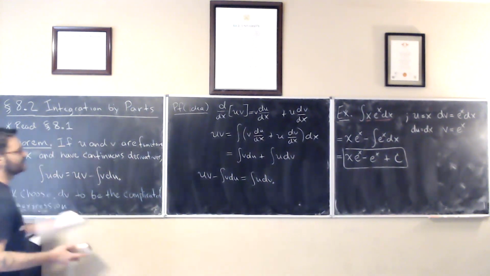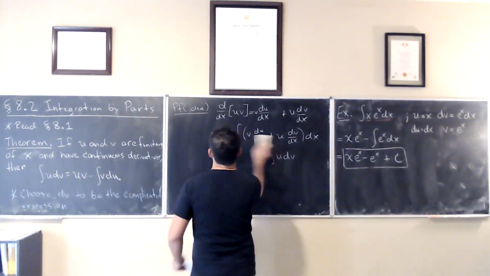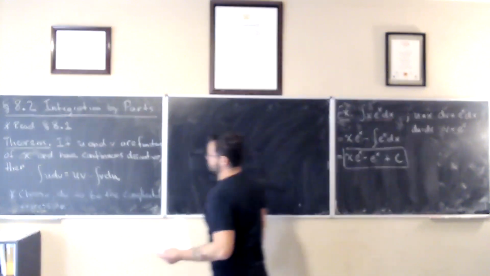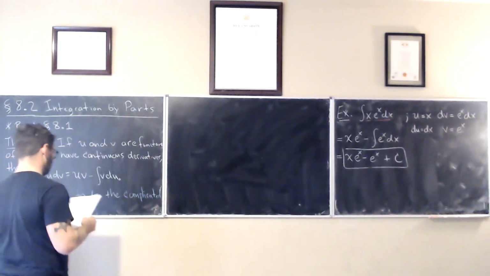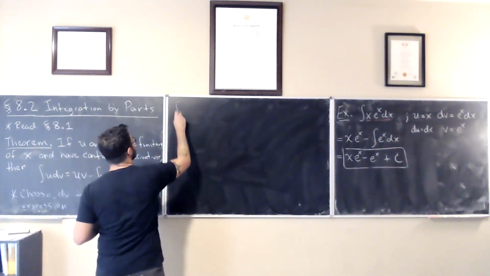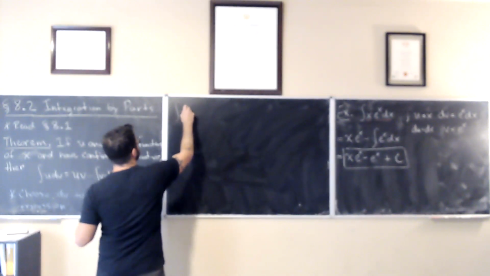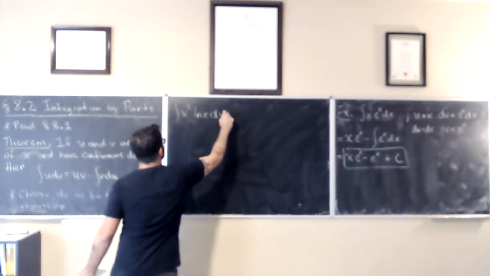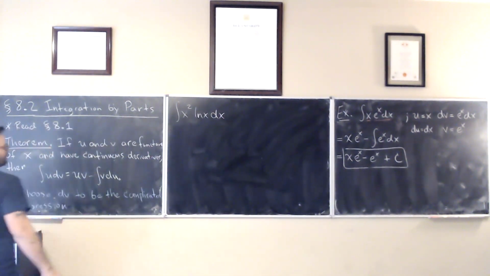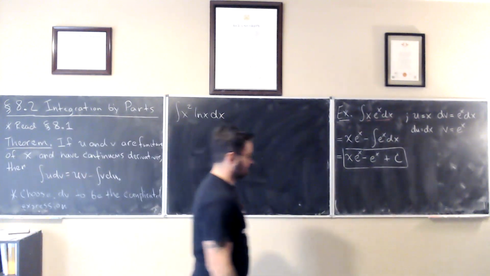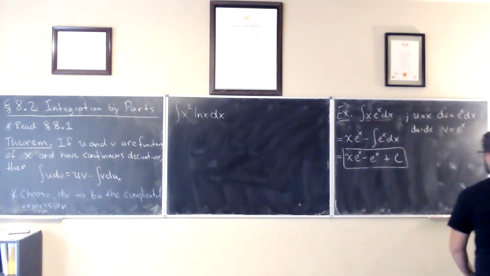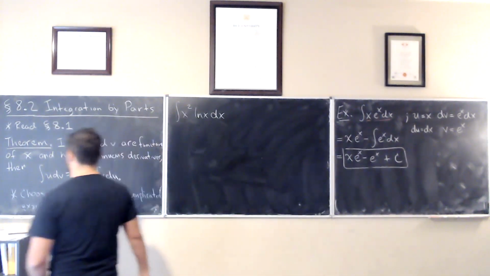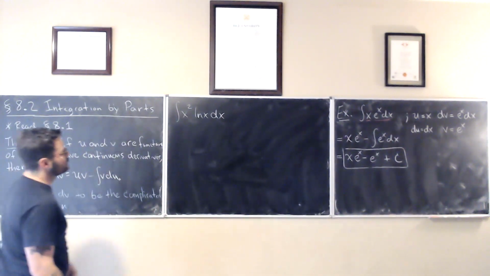So let's look at a few more examples. Let's look at the integral of x squared times natural log x dx. Okay, so we don't know how to integrate natural log x.